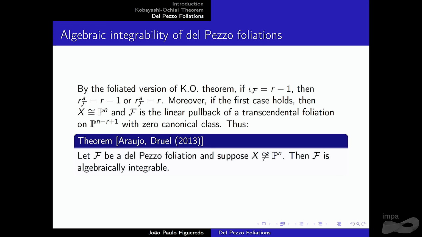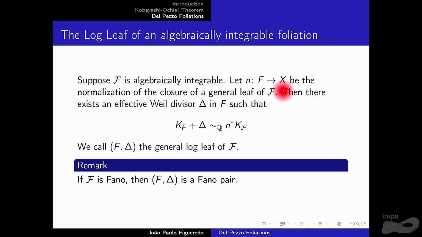So we can consider these leaves. So let's consider a general leaf, take its closure inside X, and take its normalization. Let's call this map N from F to X. So this F will be the normalization of a closure of a general leaf of the foliation.